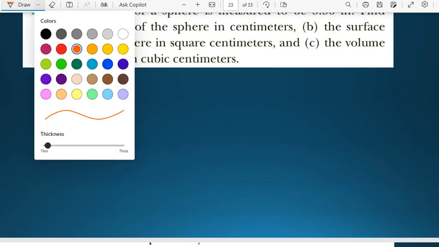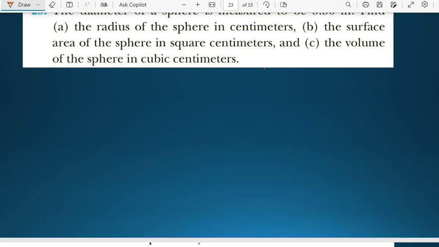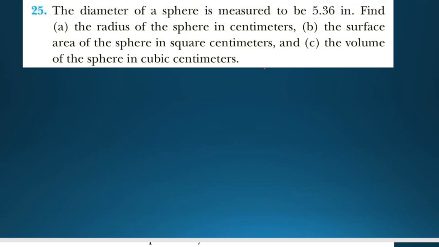First, our measurement is in inches, and what you have been given is a diameter, and you have to find the radius. So first of all, let's convert this diameter into centimeters, since we have been asked to convert into centimeters.